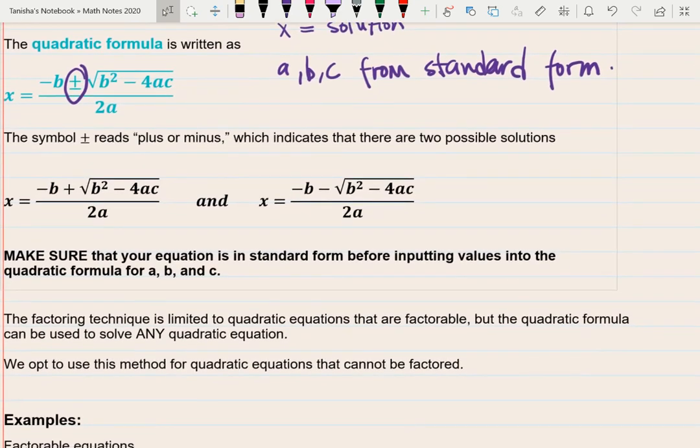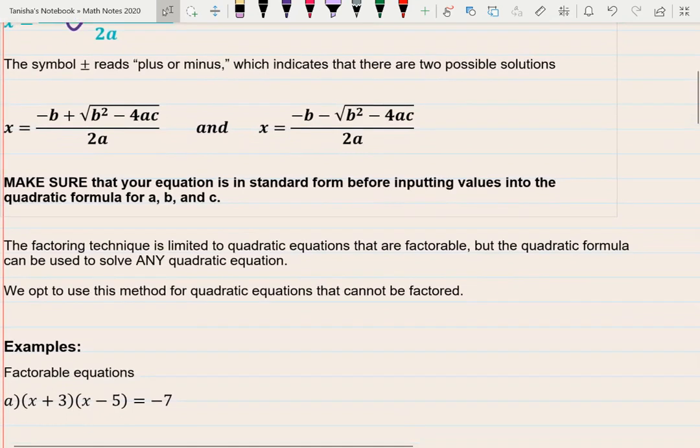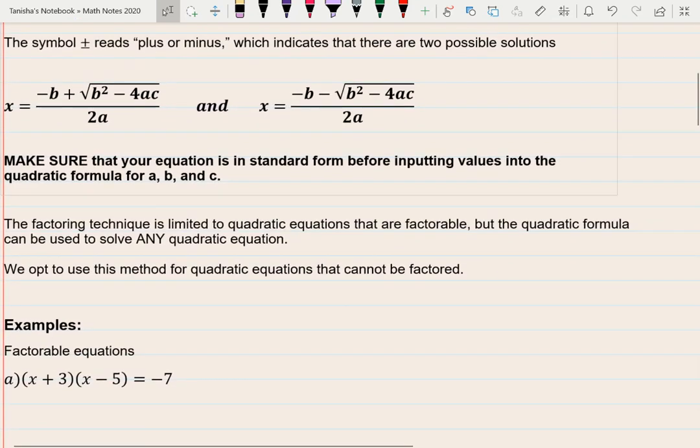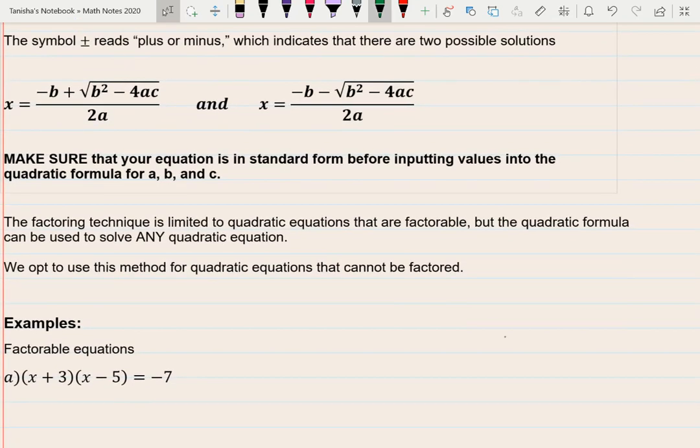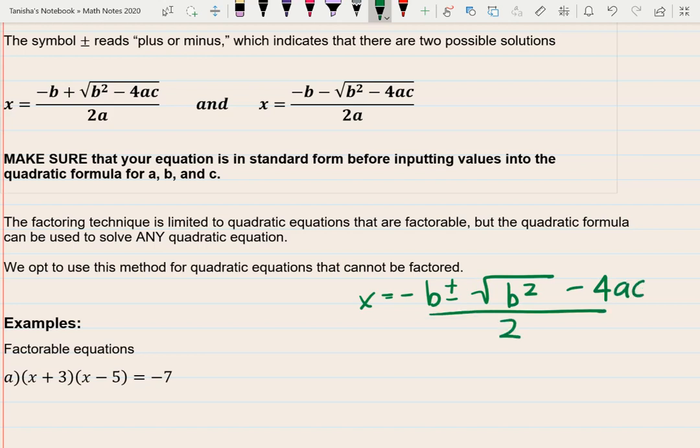And again, make sure that your equation is in ax squared plus bx plus c equals 0 form, so standard form. One quick note that I want to put as an aside here is that when you're writing the formula, there are many different ways to confuse yourself. Some students will write the formula x equals negative b plus or minus the square root of b squared, minus 4ac all over 2a.